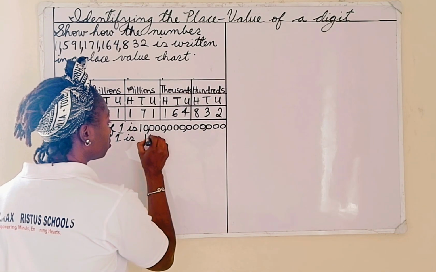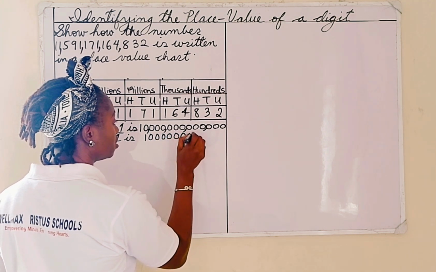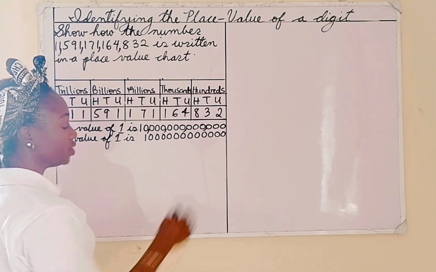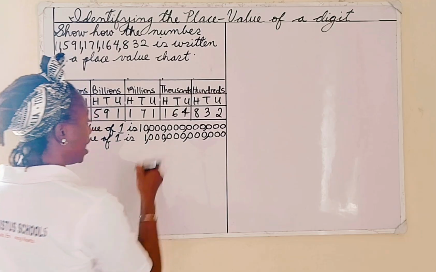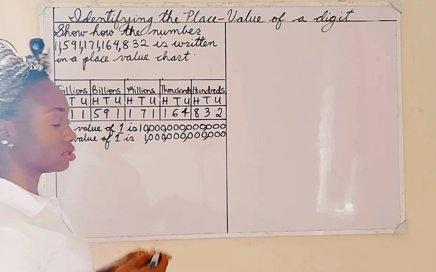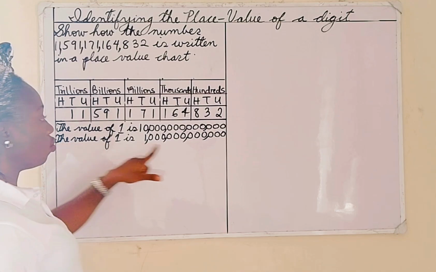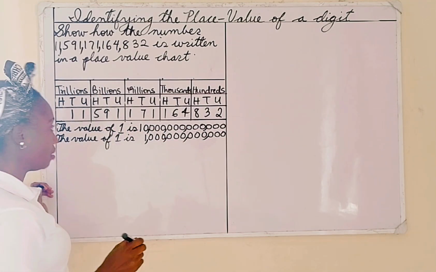Let's count. 1, 2, 3, 4, 5, 6, 7, 8, 9, 10, 11, 12. Then we separate with commas as well. And this is 1 trillion. The value of 1 here is 1 trillion.